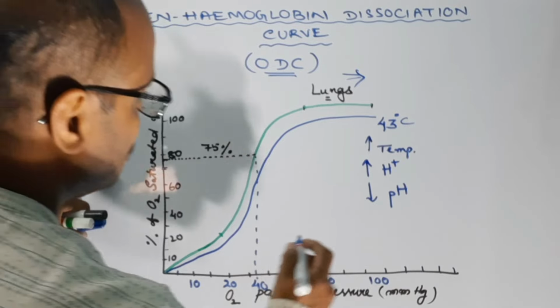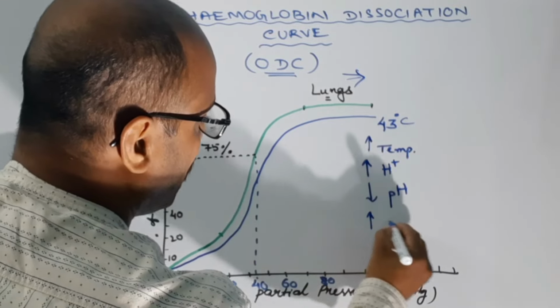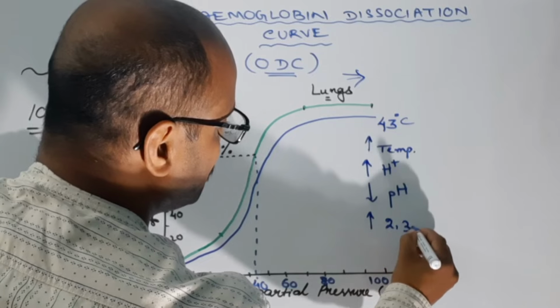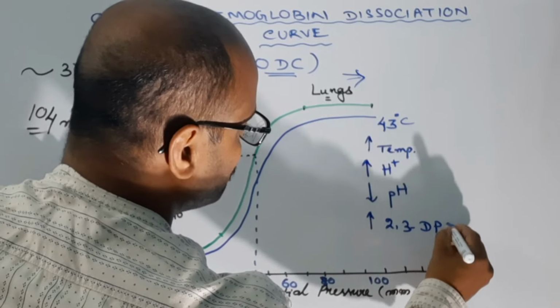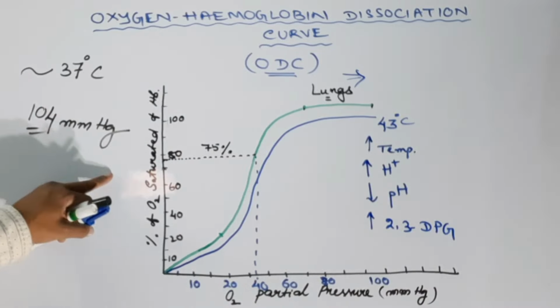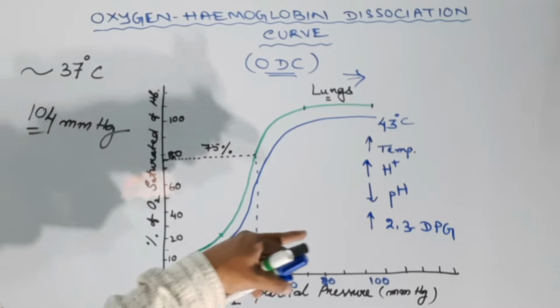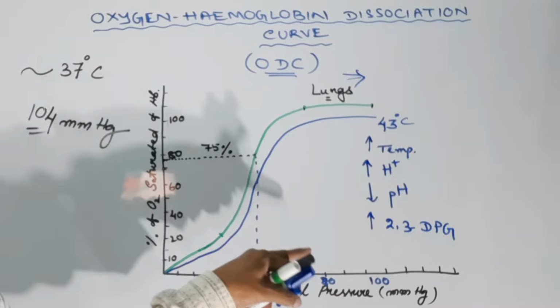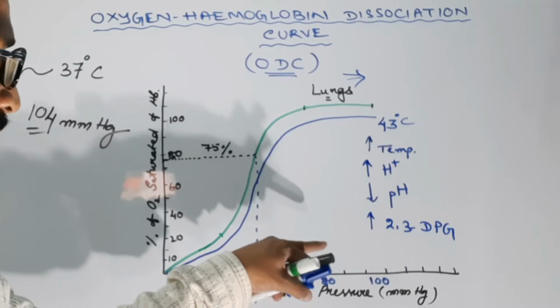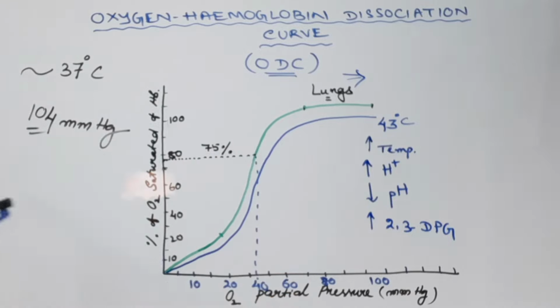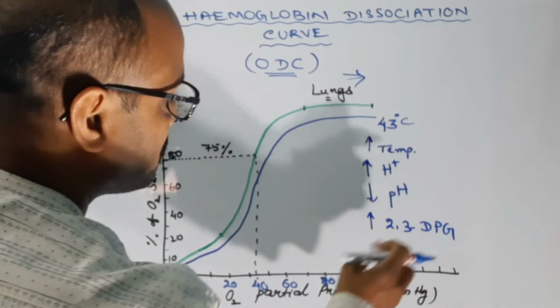Then, an increase of 2,3-diphosphoglycerate. 2,3-diphosphoglycerate is produced in the RBC during the catabolic process, the breakdown of glucose. So the glucose breakdown, or glycolysis, produces 2,3-diphosphoglycerate.